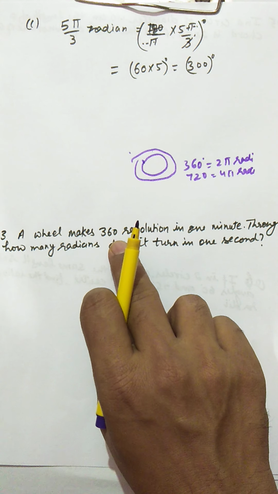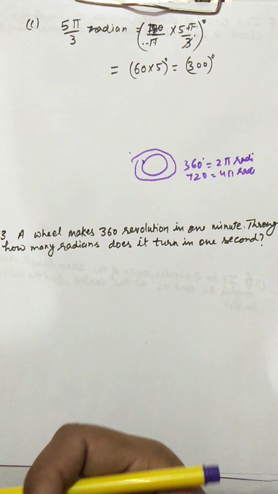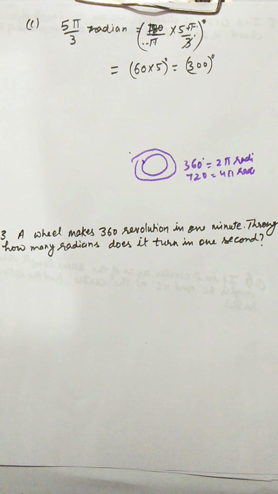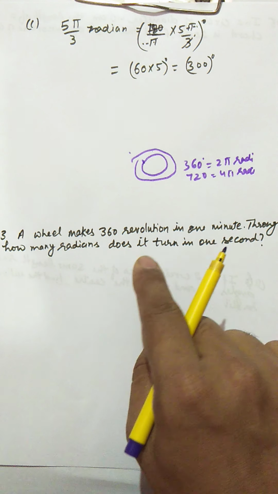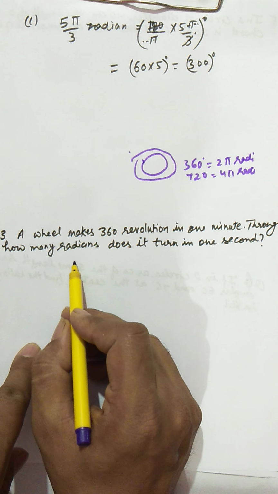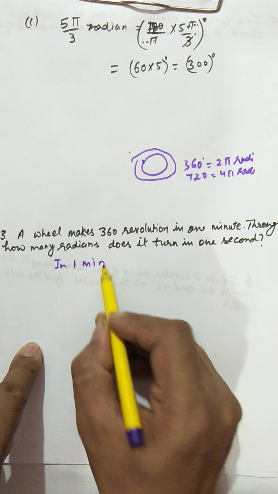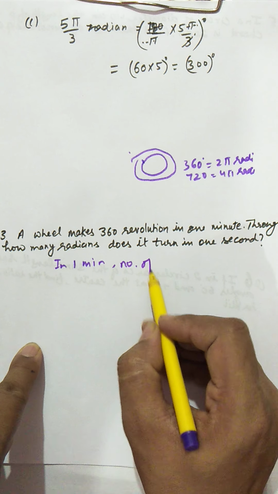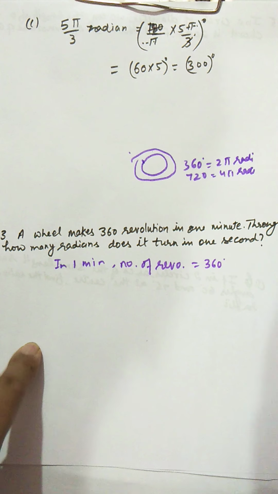So this question says that a wheel makes 360 revolutions in 1 minute, means 360 times, and they are asking through how many radians it turns in 1 second. So in 1 minute, the number of revolutions is 360.